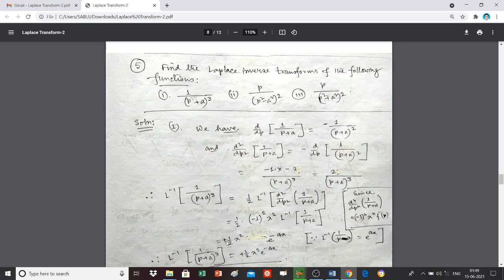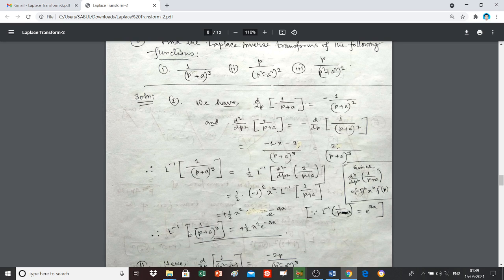So that will give you half x² into, because you know that the inverse Laplace transform of 1/(p-a) is equal to e^(ax), using this relation the inverse Laplace transform of 1/(p+a) would be e^(-ax). So finally you obtain that the inverse Laplace transform of 1/(p+a)³ is equal to half x² e^(-ax).